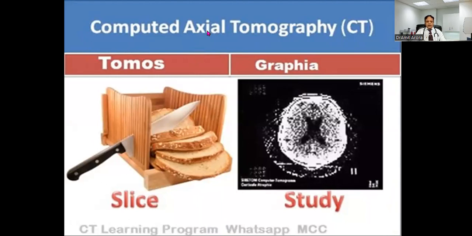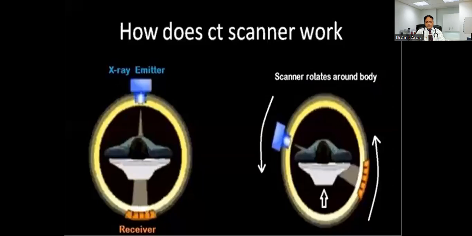Okay. So let me make this clear. First of all, just learn the meaning: tomos means cutting, and graphia means to study. This is the CT scanner gantry, and first of all, the image is constructed in an axial view.